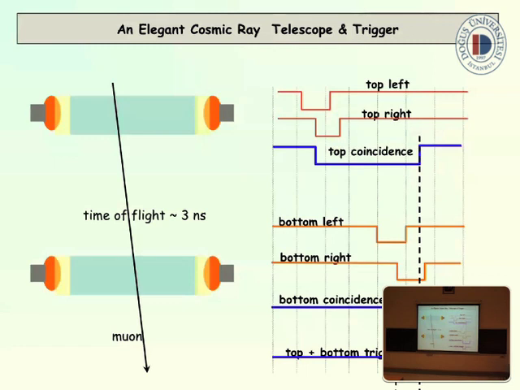So we have our detector, we put scintillators up and on the bottom, and we use this principle to trigger a muon, and then use this muon for efficiency tests of different types of chambers. These were muon spectrometer chambers.